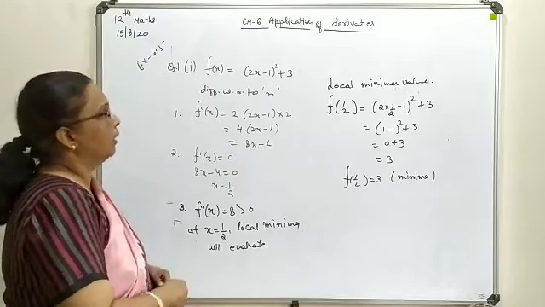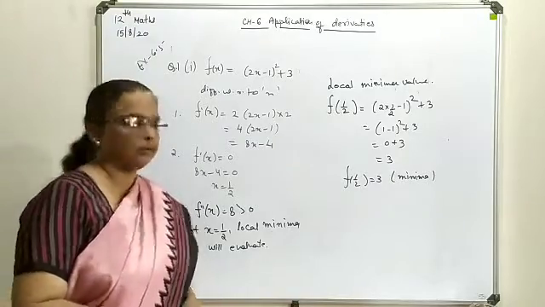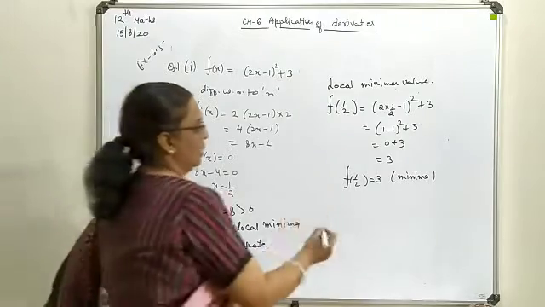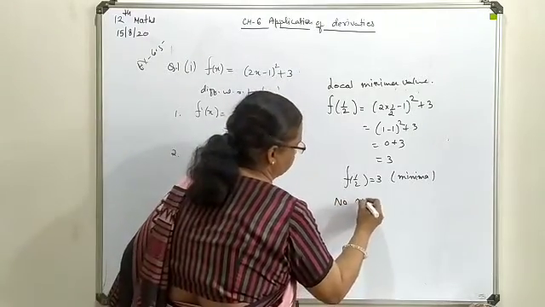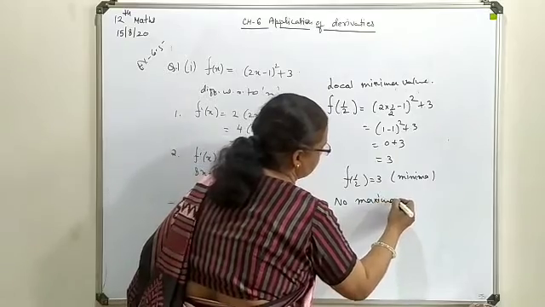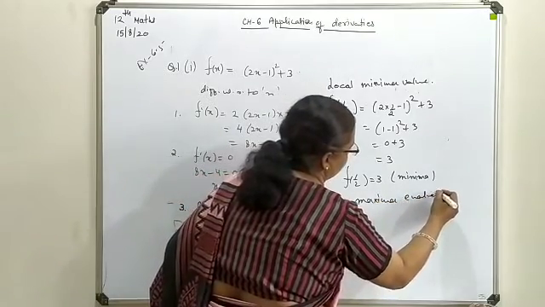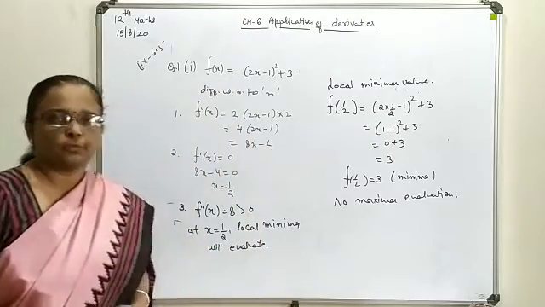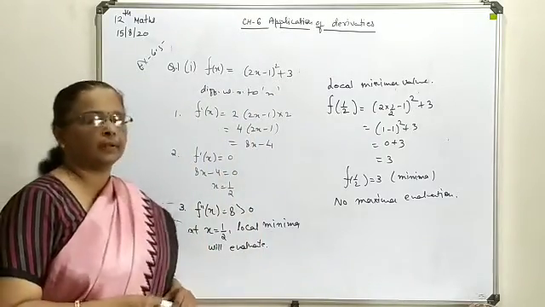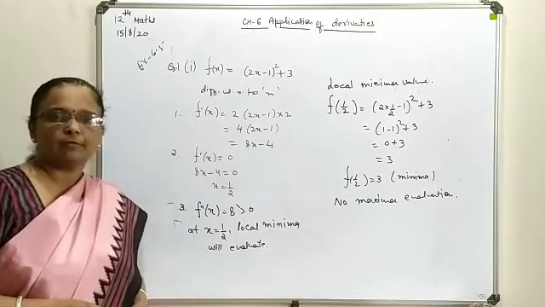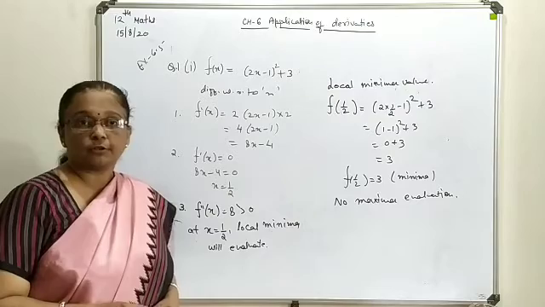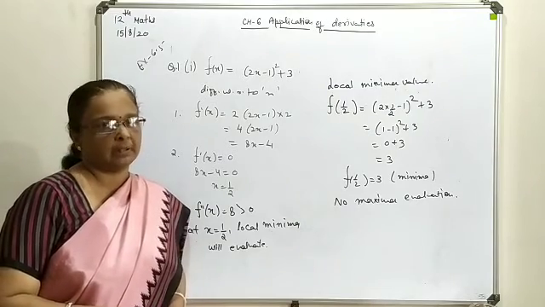This way you can evaluate minima or maxima. Here there is no possibility of finding a maximum, so no maxima evaluation. These are the steps to be followed to find maxima and minima. In the next chapter we will discuss some more questions based on evaluation of local maxima and minima. Thank you.